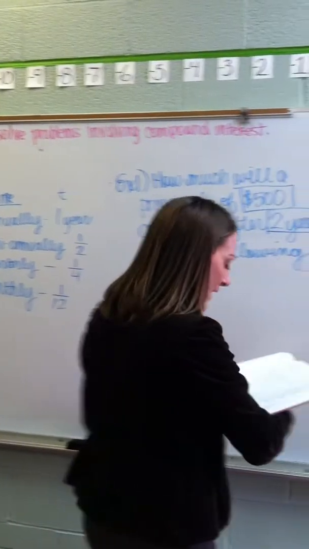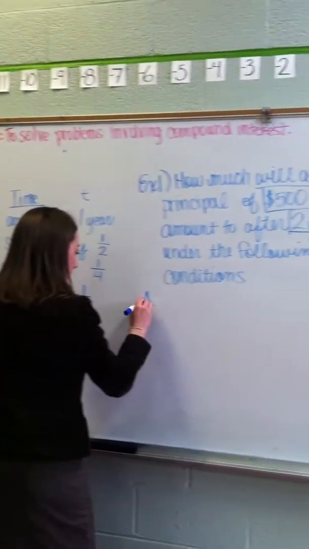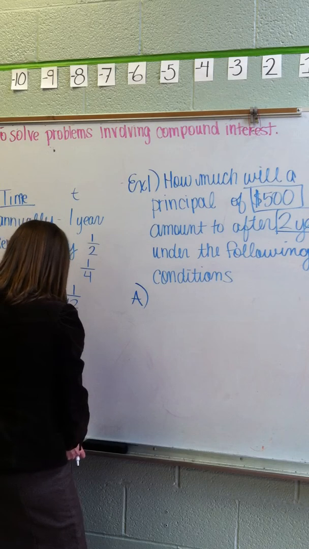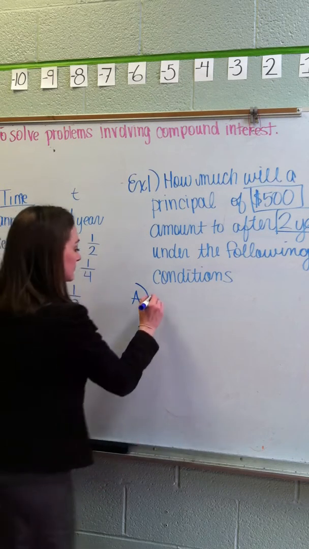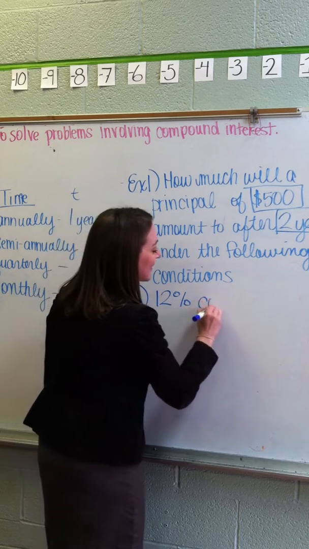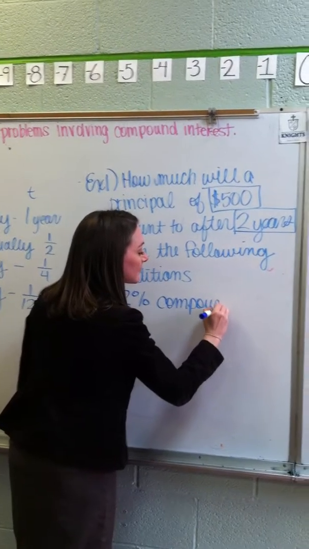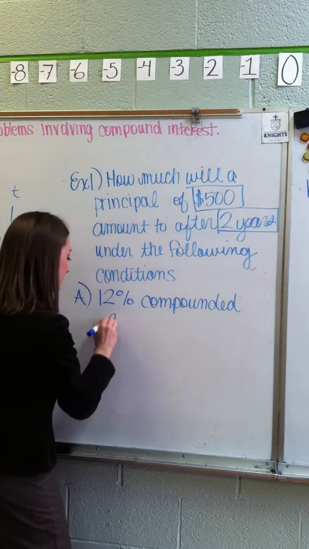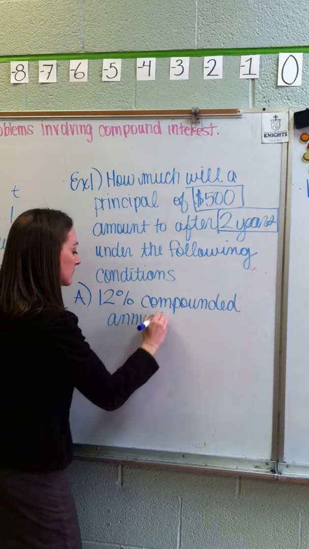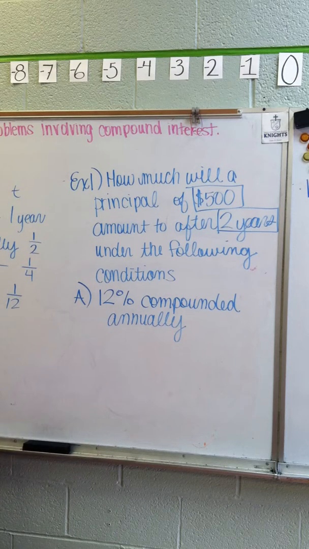All right, let's go ahead and look here. Letter A says 12% compounded annually. So, if I have my $500 compounded annually, just keep it there, that means I'm going to have my $500 times my 12%.